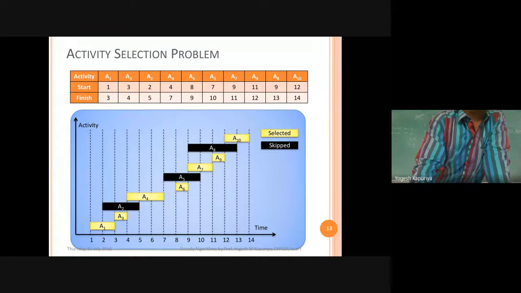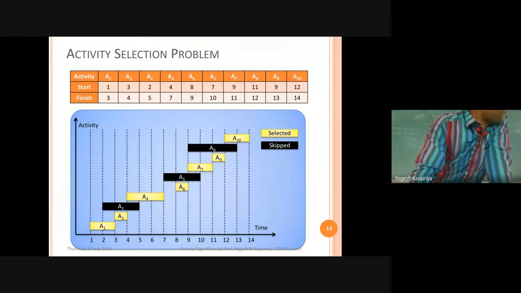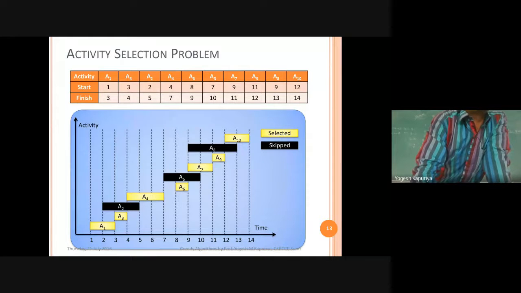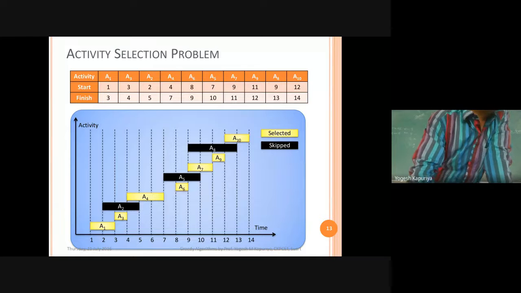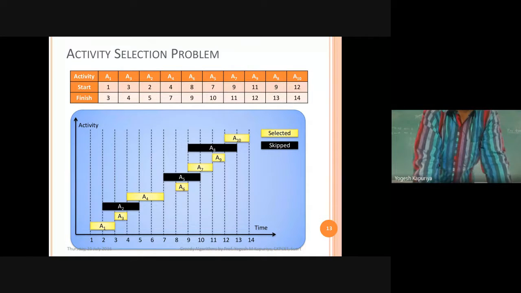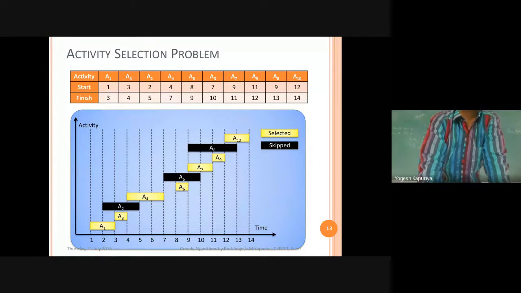If the start time of A3 is greater than the finish time of A1, then A3 can be picked. Next in the sequence is A2. A2 cannot be picked because the start time of A2 is less than the finish time of A3. A3 finishes at 4 and A2 starts at 2, so 2 is less than 4. That means the start time is less than the finish time of the other activity, so A2 cannot be picked.